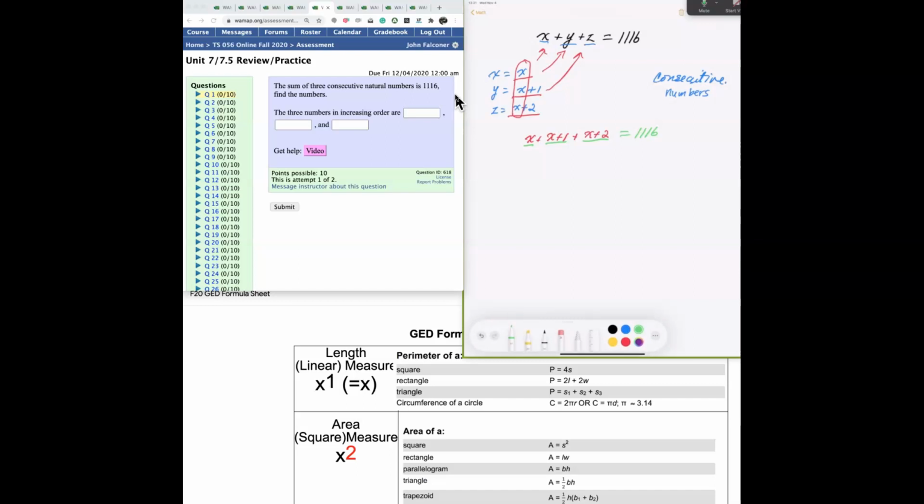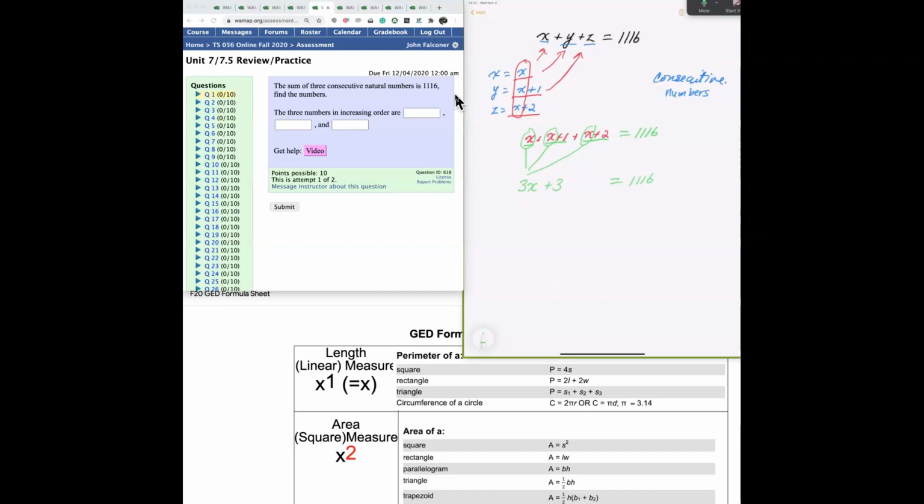We want to combine this x and this x and this x. So x plus x plus x. These are all going to come together to give us 3x, right? We've got 1, 2, 3 x's, so we abbreviate that 3x. And then we've got 1 plus 2, which is 3. So now we've simplified this expression into 3x plus 3, and that's equal to 1,116.